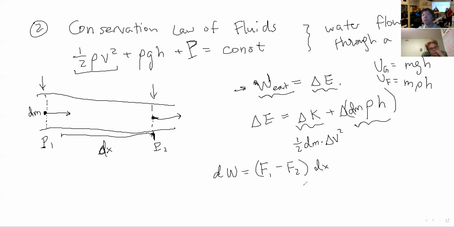But then what this turns into is, because the force is equal to the pressure times the area, P1 times dA1, whatever area this is, minus P2 dA2, times dx.